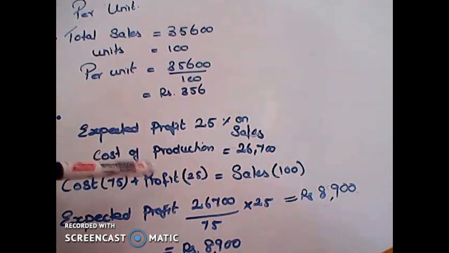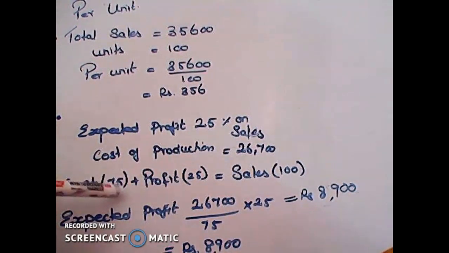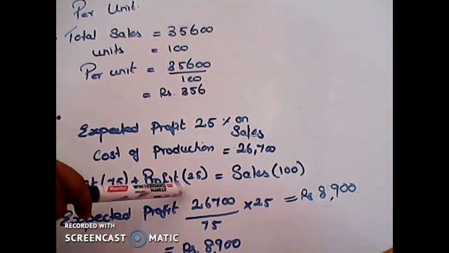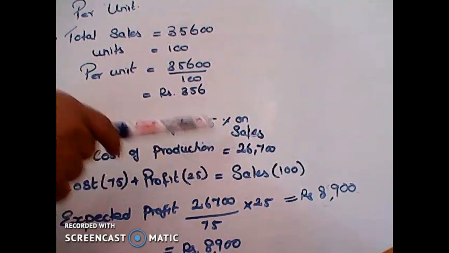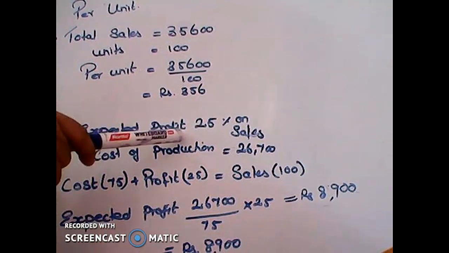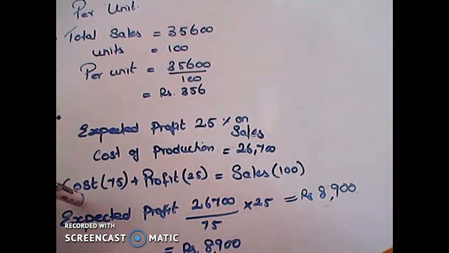For every sales, the sales amount is 100%, which means the cost is 75% and the profit is 25%. Here from the sales 100, we calculate the expected profit 25%, so the remaining cost will be 75.